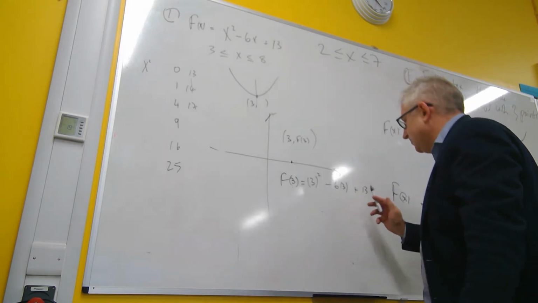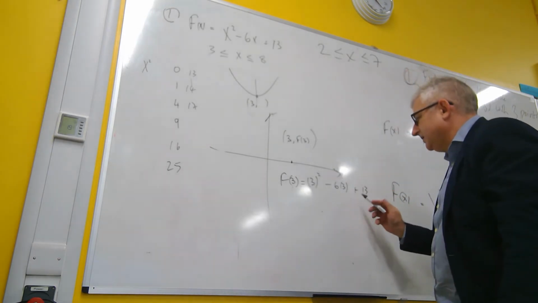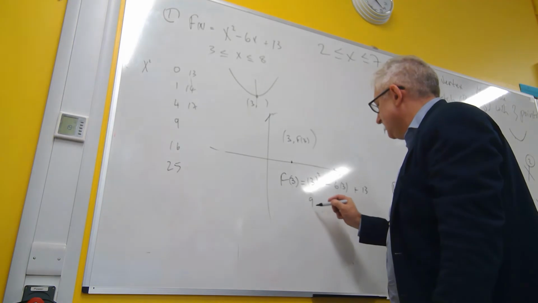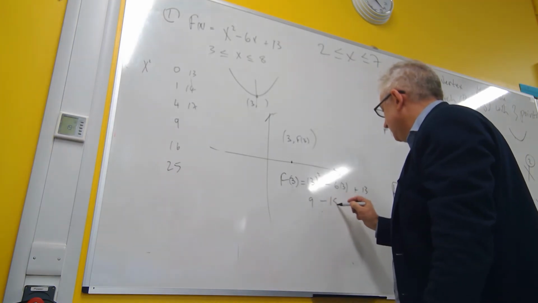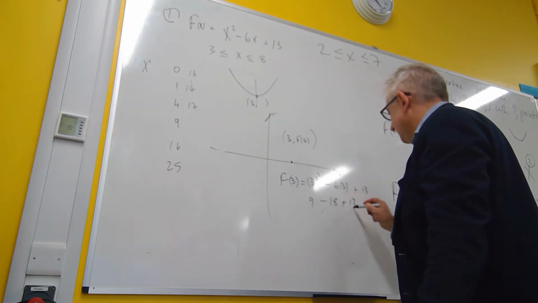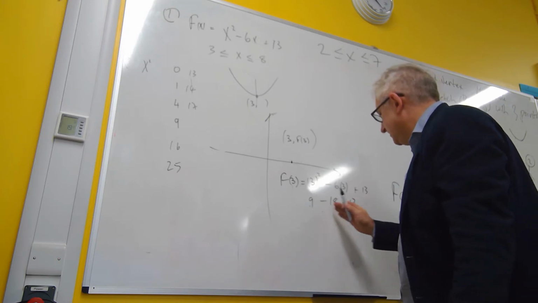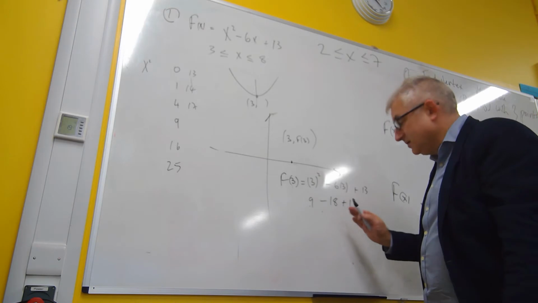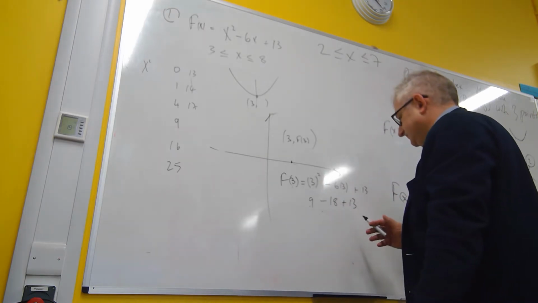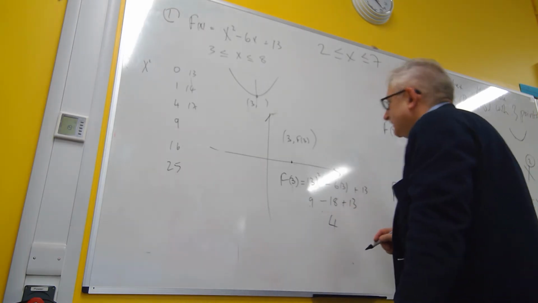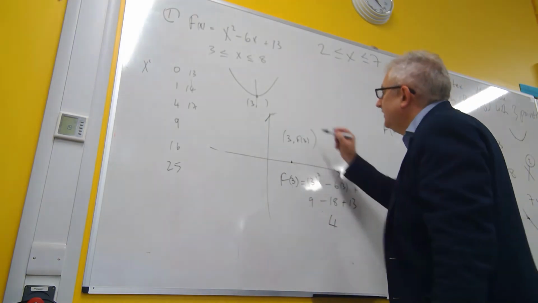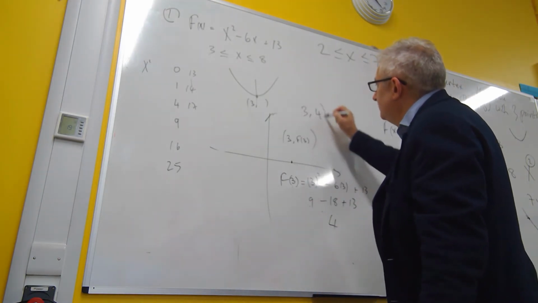Yep, I was afraid I didn't put a big enough number here, but I did. I put it plenty big. 9 minus 18 plus 13. You can do this any way you want. But that looks like plus 4, does it? Looks like 4. Which means this is actually 3, 4.